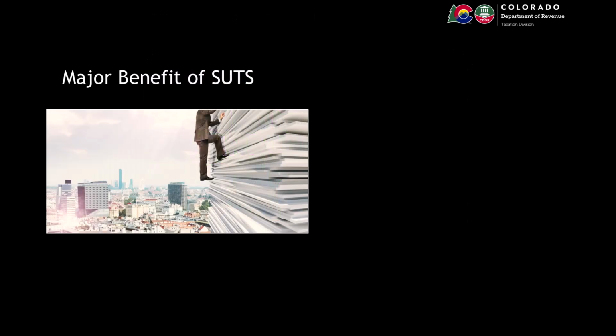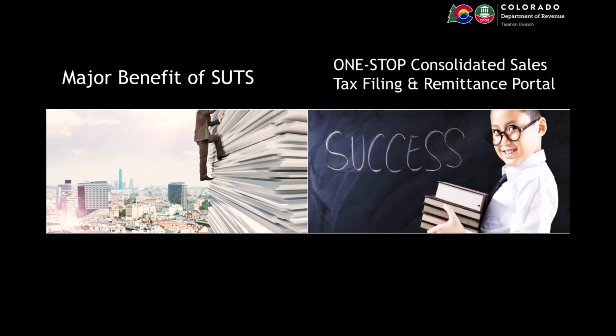The Sales and Use Tax System, SUTS, is an optional online sales tax filing platform. The major benefit of using SUTS is that it is the only online filing platform that allows businesses to submit a single consolidated return and payment to both the state of Colorado and to local home rule self-collecting cities that participate in SUTS.